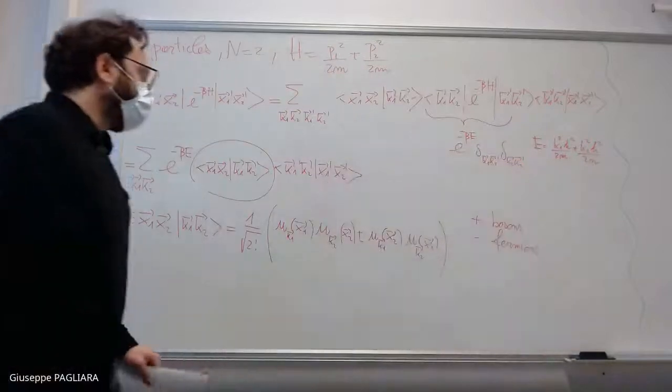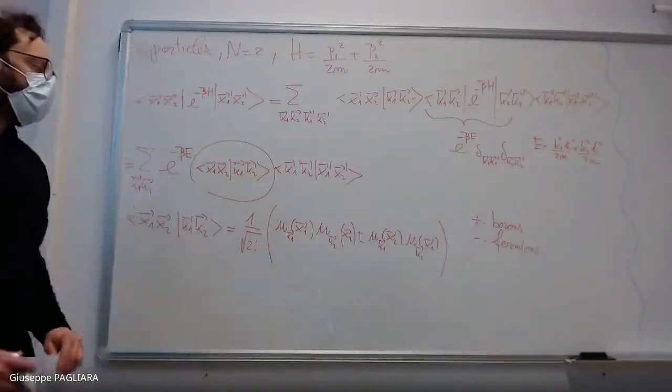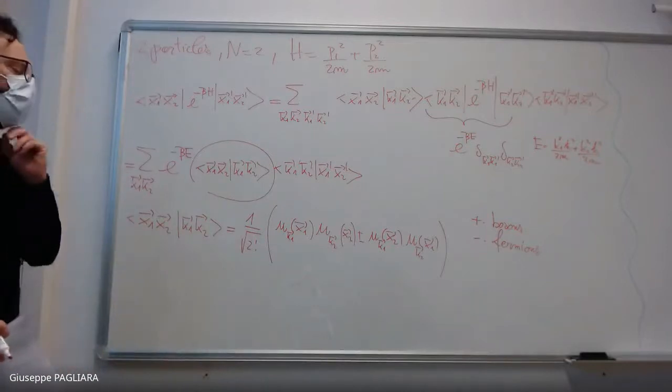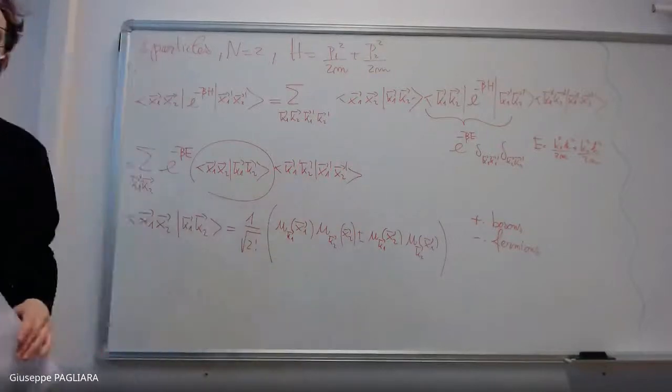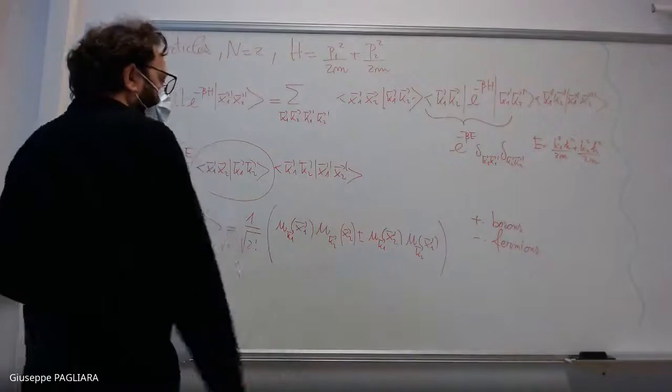So this wave function is symmetric with respect to exchange of x1, x2 with a plus, and antisymmetric, so fermions, in the opposite case.